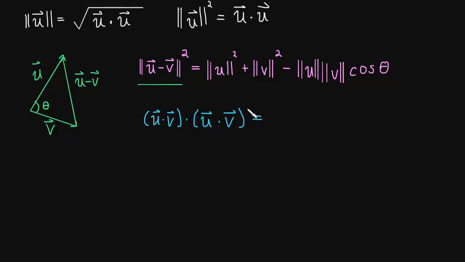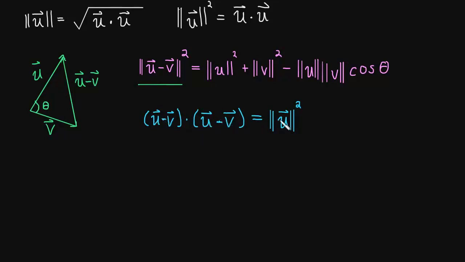So u dot u, well, we just talked about that. That's the length of u squared. So let's write that as that. u dot u is the length of u squared. And then we have u dot, I have dot products in there, sorry, that's a mistake. This should be u minus v, u minus v.